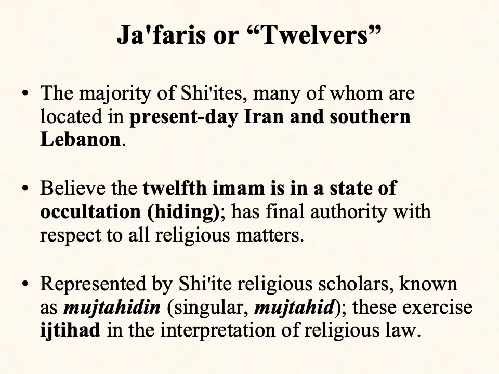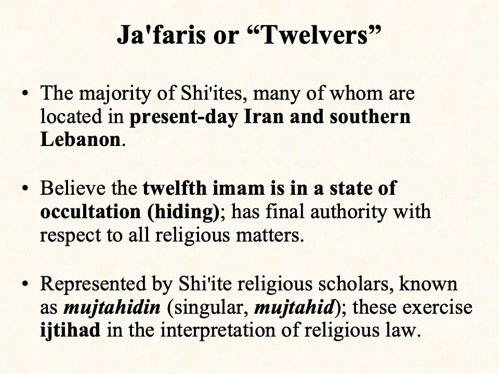So, the reason they're called Twelvers is because they believe that the line of imams ended with the 12th imam, who didn't die, but rather went into a state of occultation or hiding, and then will return during the end days, right? And so for them, in principle at least, this 12th imam has ultimate authority with respect to all religious matters. But of course, he's not accessible.